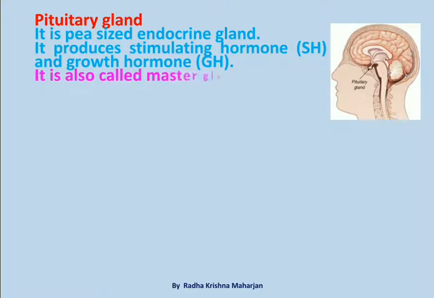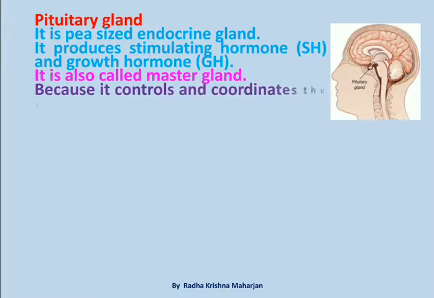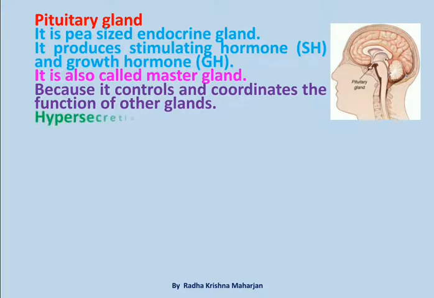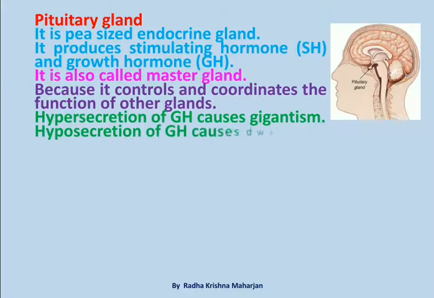It is also called master gland because it controls and coordinates the function of other glands. Hypersecretion of growth hormone causes gigantism. Hyposecretion of growth hormone causes dwarfism.